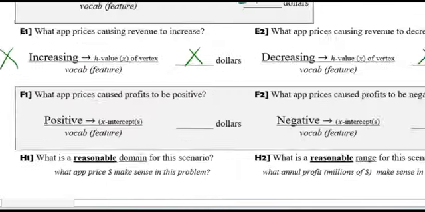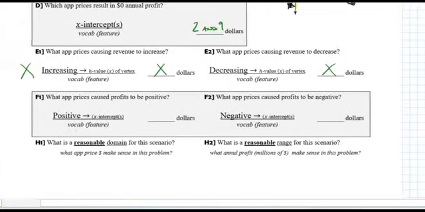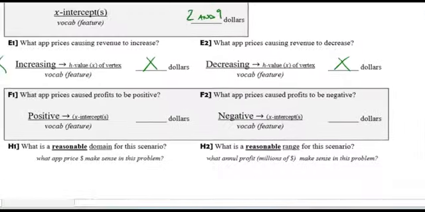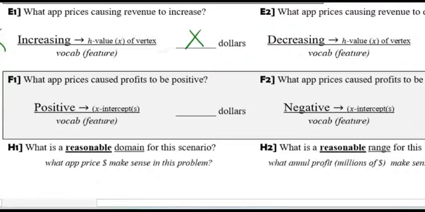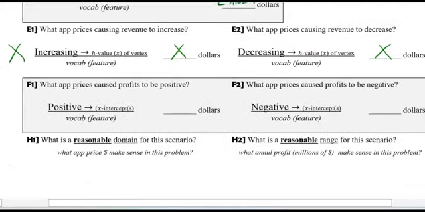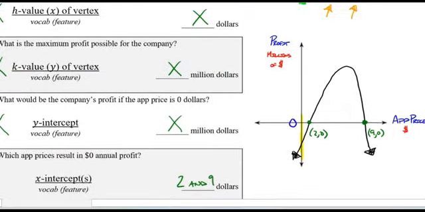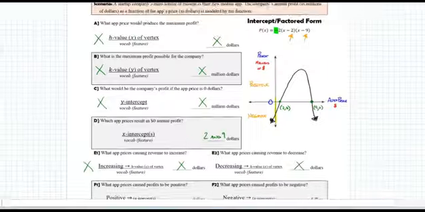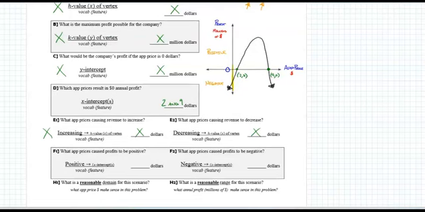Well, what app prices cause profits to be positive or negative? Well, for positive, we need the x-intercepts. For negative, we need the x-intercepts to help us determine where the graph is above or below the axis. The x-intercepts provide that break between positive and negative. So, in terms of positive, we are positive between $2 and $9, and we are negative on the graph from negative infinity to 2 and 9 to infinity.